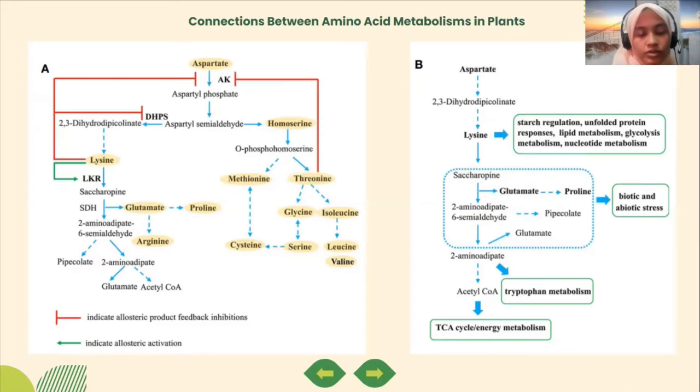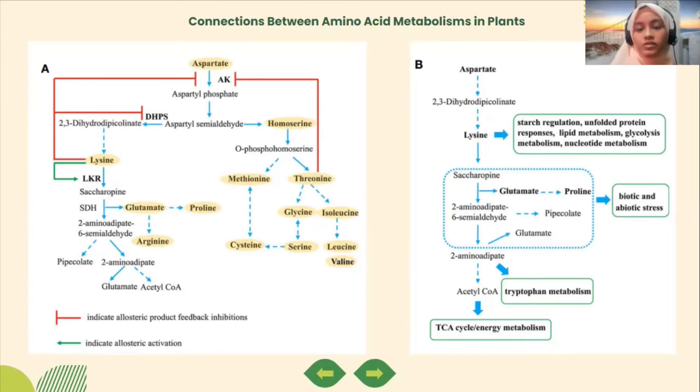Diagram A usually starts from the amino acid aspartate, which will produce, for example, homoserine, lysine, glycine, proline, as well as leucine. The red arrow indicates allosteric regulation via feedback inhibition of amino acid production. And the green arrow, between lysine and LKR, which produces saccharopine, indicates allosteric activation in the pathway.